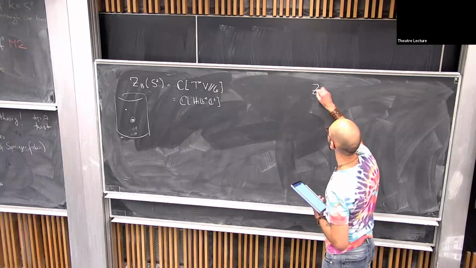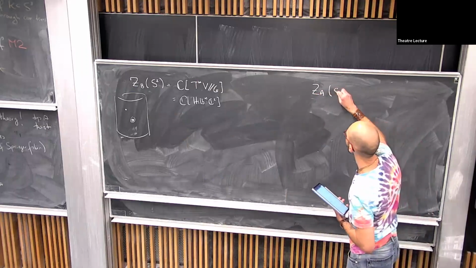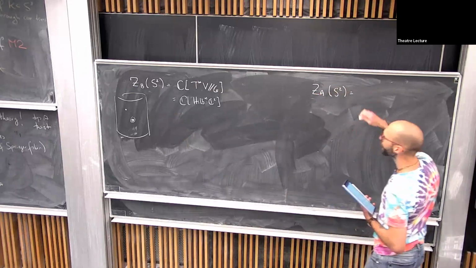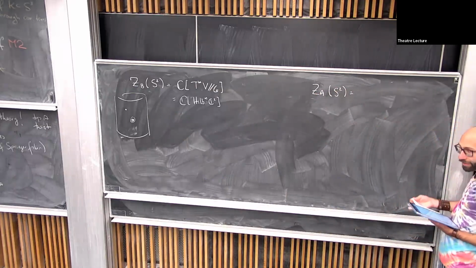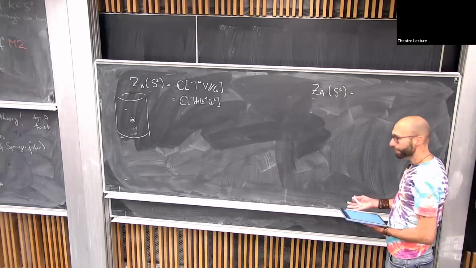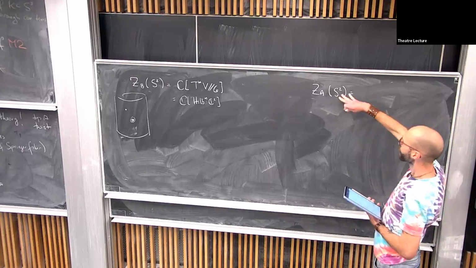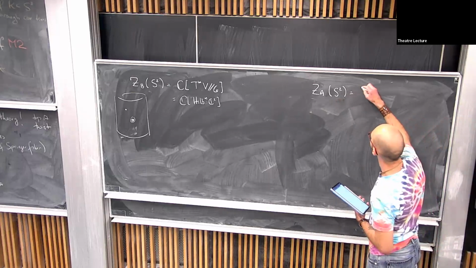And on the A side, Z_A of S2 is of course the same thing, but it shows up as functions on the Coulomb branch, and the way you would actually compute it with some clever manipulation lands you on the BFN construction. So the natural way that Z_A of S2 arises here is the BFN construction.